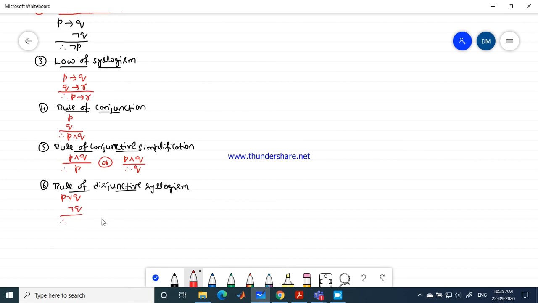Okay, can you give me the output for this one? P disjunction Q is a true statement in which negation P is true. So can you guess what will be the output?